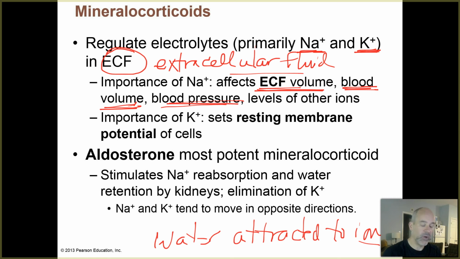And then sodium actually also impacts the levels of other ions in our body fluids as well, especially potassium. And the reason for that is, all right, potassium is also positively charged. Sodium is also positively charged. Another thing that your body has to maintain as part of its homeostasis is a charge balance.